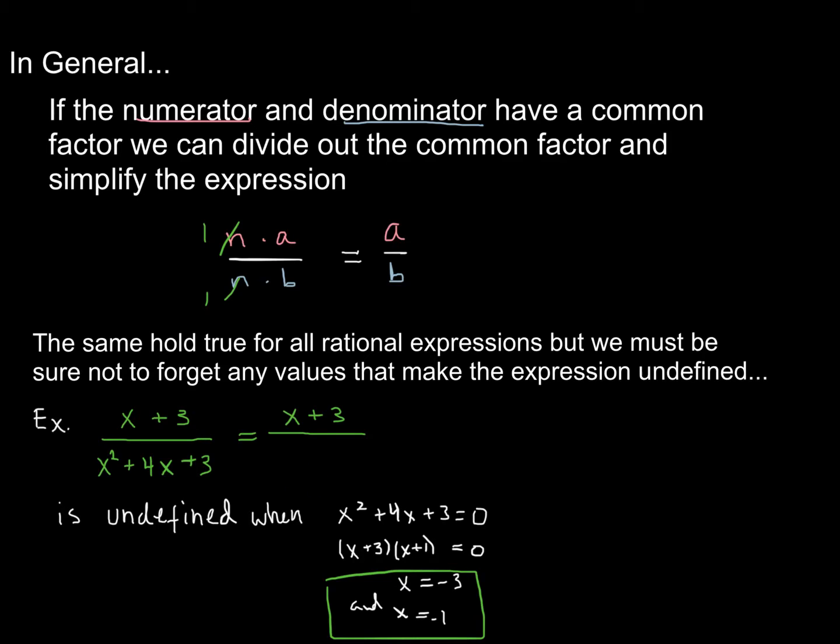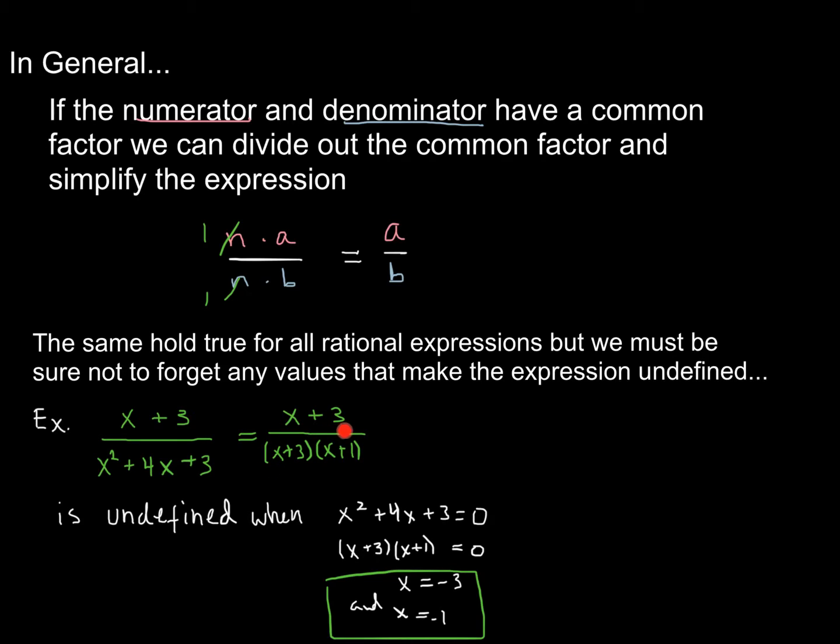So we've already done all of that work, and we can rewrite this as x plus 3 times x plus 1, just as we did with those fractions where we factored the numerator and denominator. Now, notice that the numerator and denominator have a common factor. In the numerator, I have an x plus 3, and in the denominator, I have an x plus 3.